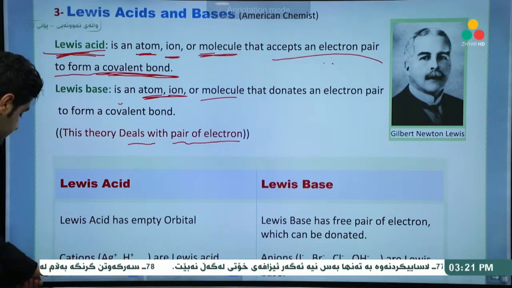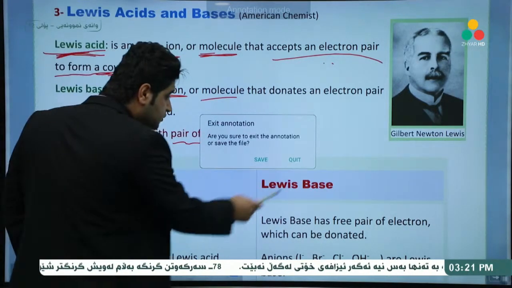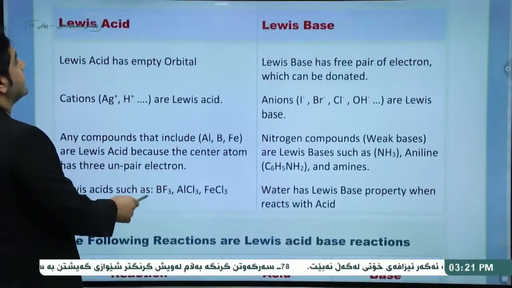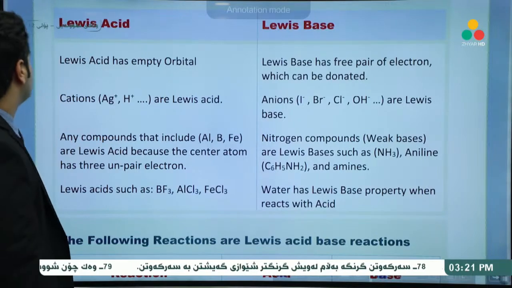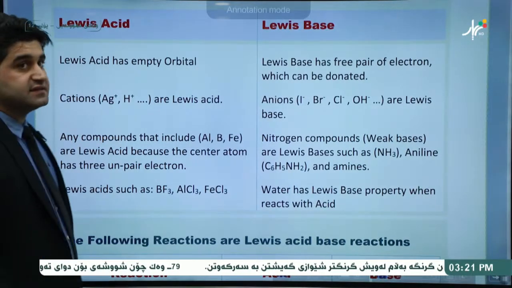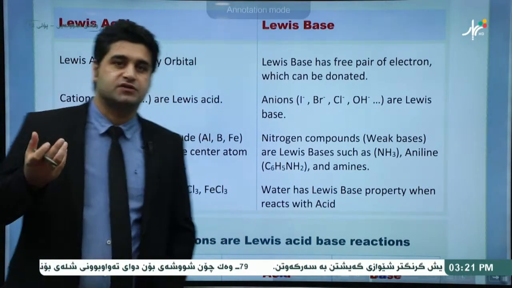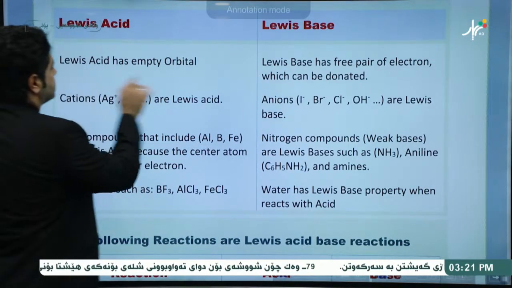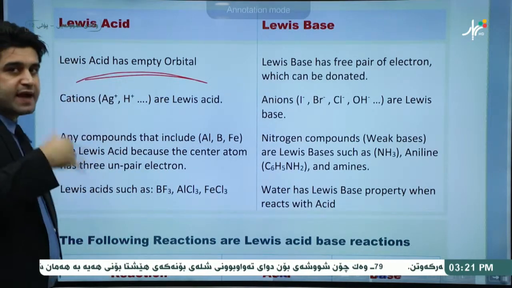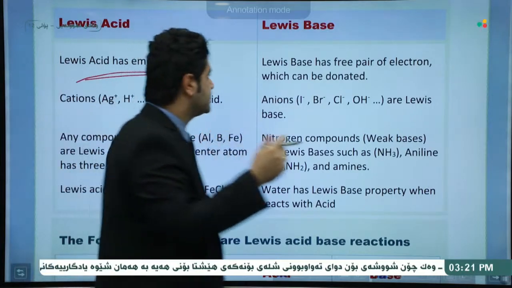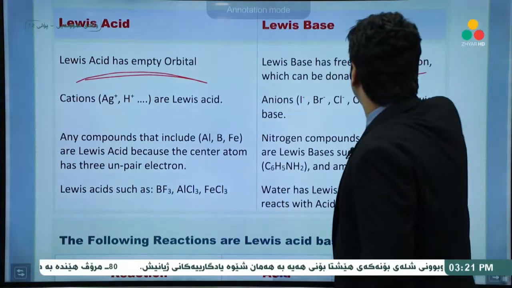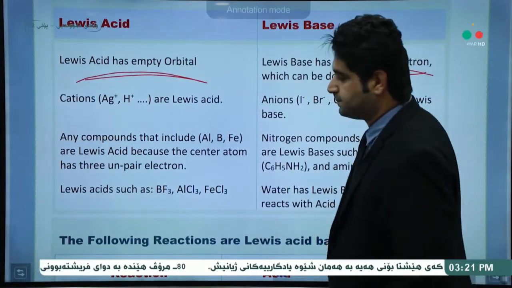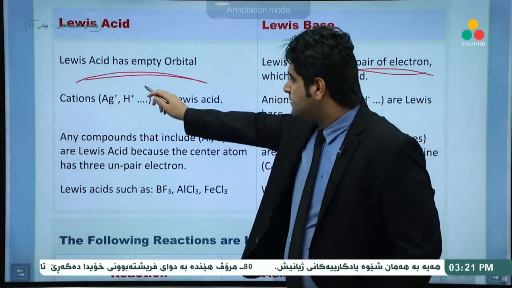Now we have some rules for identifying Lewis acid-base. If a Lewis acid likes to receive a pair of electrons, it should have an empty orbital to be occupied by these two new electrons, but a Lewis base should have a free electron pair.